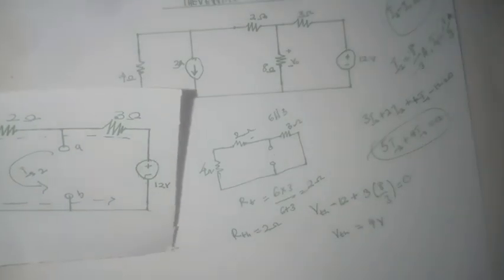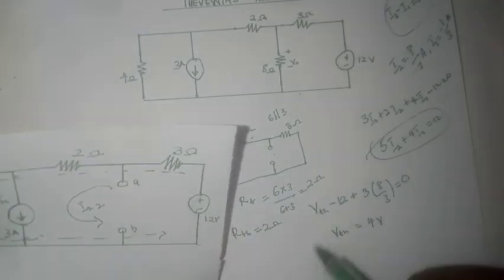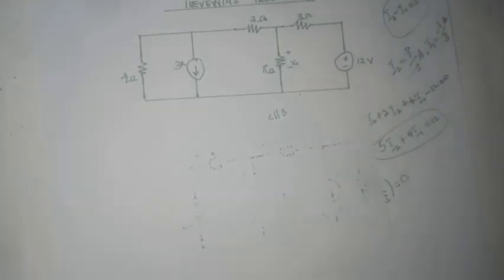We can then go ahead to draw the Thevenin equivalent of this circuit through these ports. And doing that, we would have something like this.